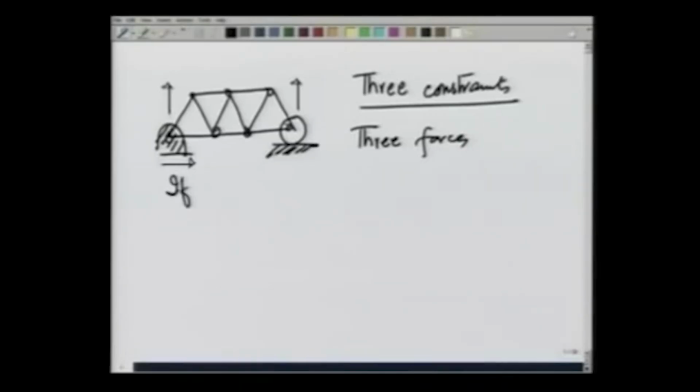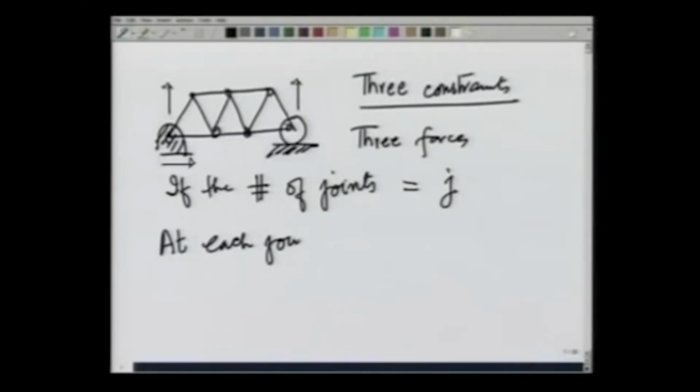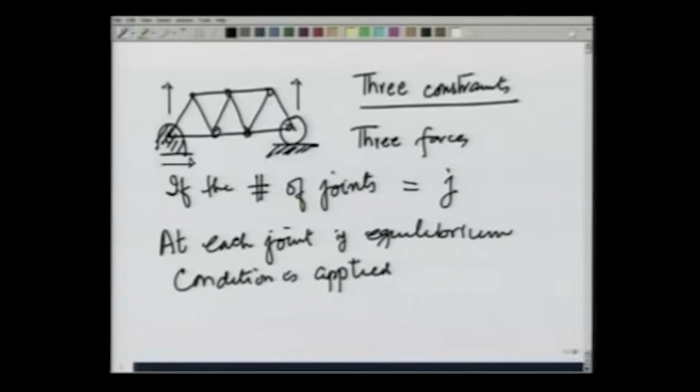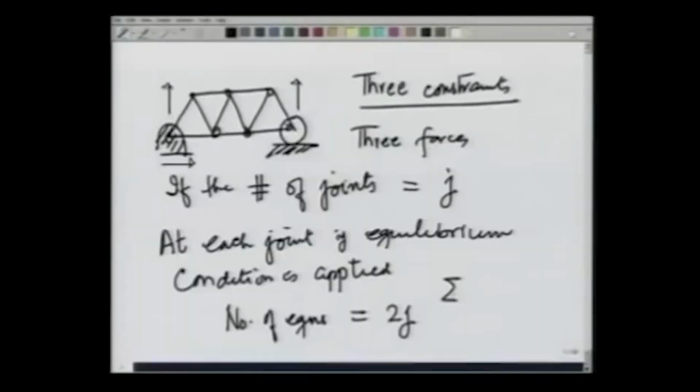And then if the number of joints is equal to j, then at each joint if the equilibrium condition is applied, then we have the number of equations equal to 2j, because at each joint, since it is a point, there will be only 2 equations, summation Fx equals 0 and summation Fy equals 0.